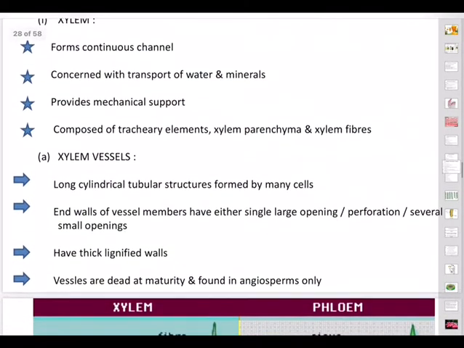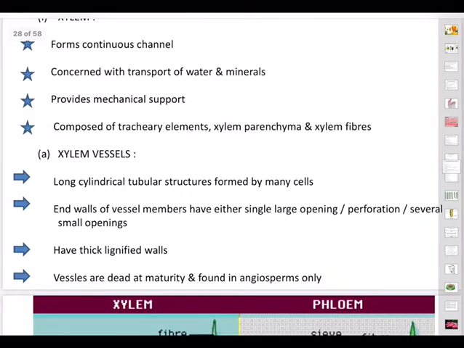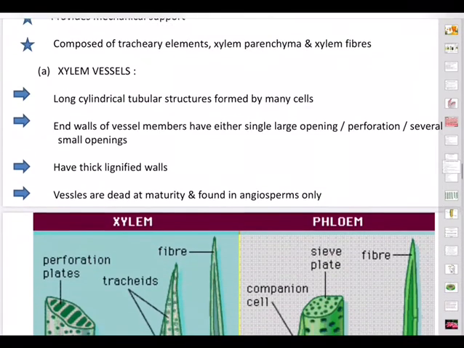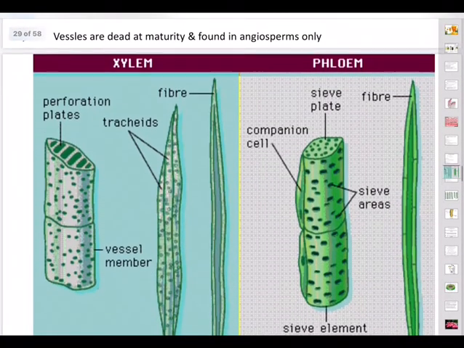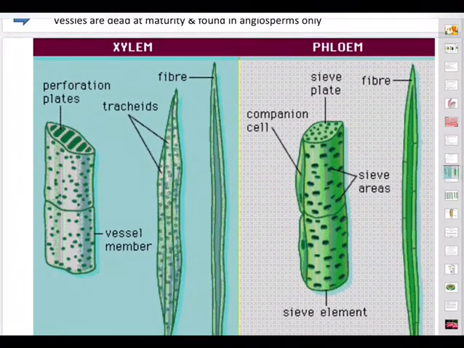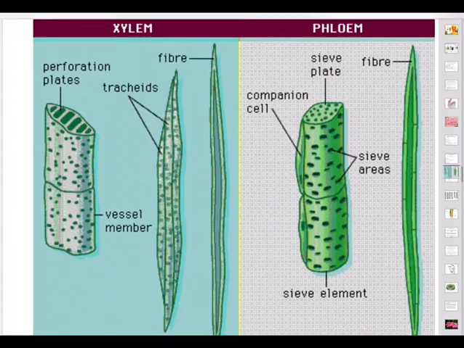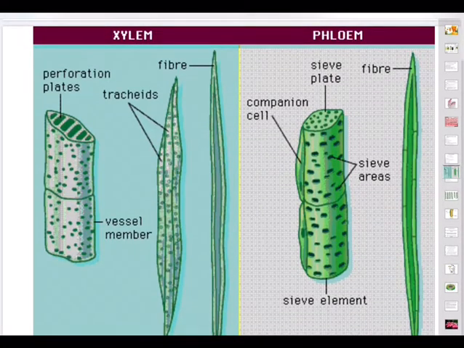To do all this, there should be what we call lignified walls. A special chemical called lignin should be there. And vessels are dead at maturity and found in flowering plants. Look at this. You can see here xylem tracheids and xylem vessels. These two are responsible for conduction of food and water.